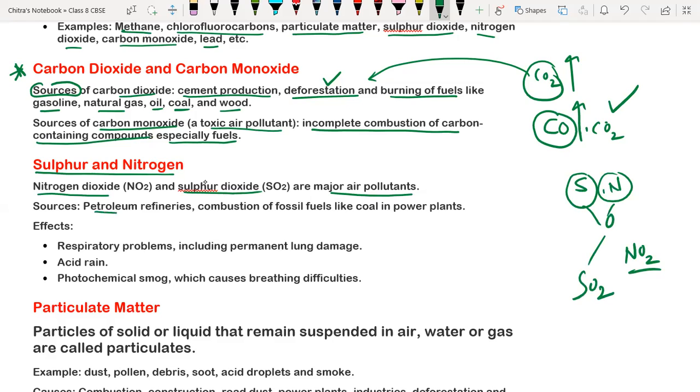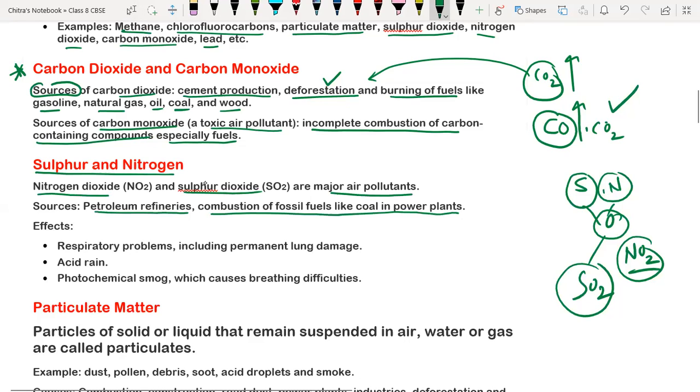Their main sources are petroleum refineries and combustion of fossil fuels like coal in power plants, etc. Their sulfur and nitrogen get oxidized in the presence of oxygen to form sulfur dioxide and nitrogen oxide.